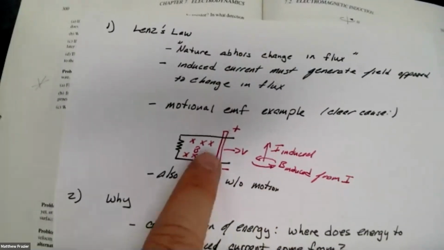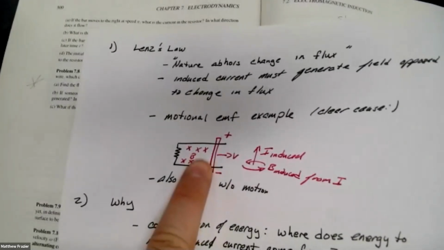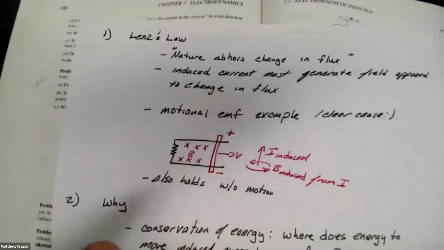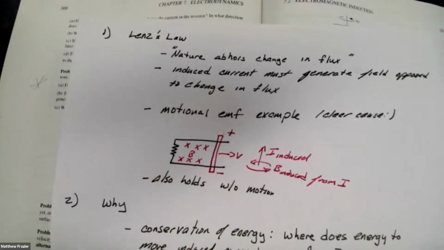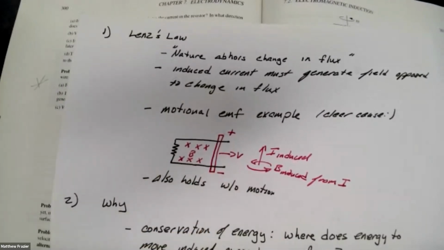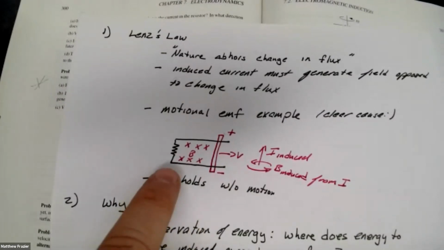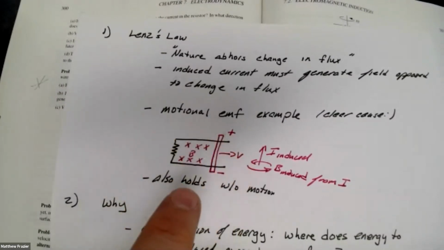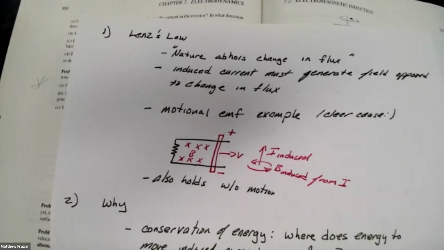And that comes out of the page on the left of the bar, where you had increasing field going through that loop into the page. The flux increased, which means that you had, instead of say 6 of these little X's indicating into the page, you had say 8 or 10. And to undo that, you needed some dots coming out of the page.